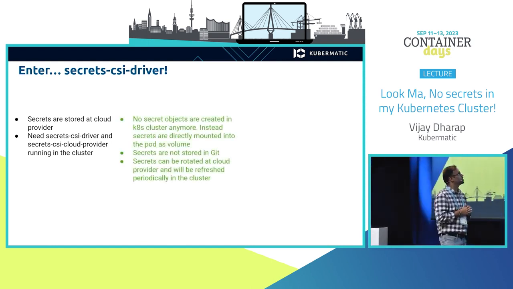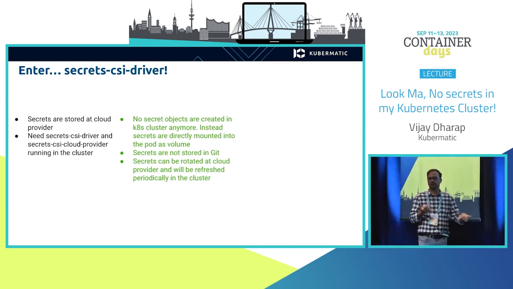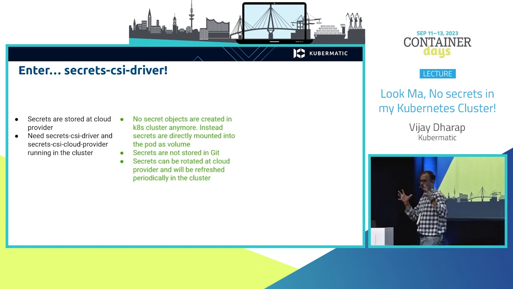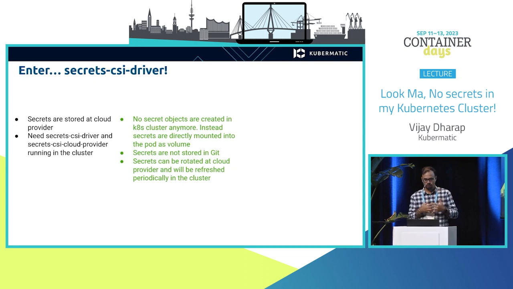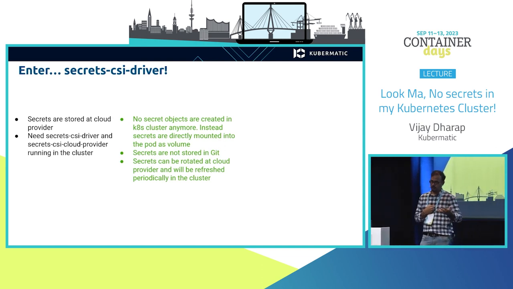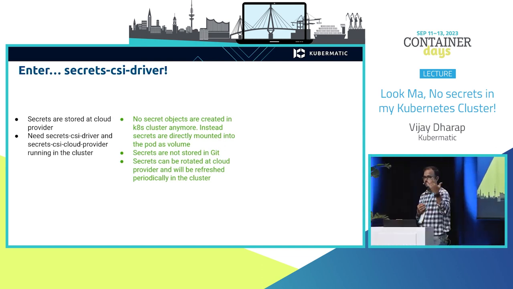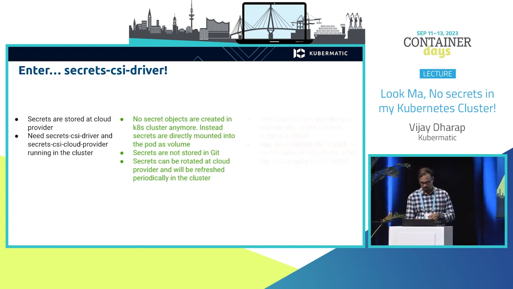So now the good parts: no secret objects are created in the cluster at all, and neither are they in Git for anybody to read. So the security improves and the attack vector goes down. And just like External Secrets Operator, here also if the secret is rotated at the cloud, it will also be reflected in the application.